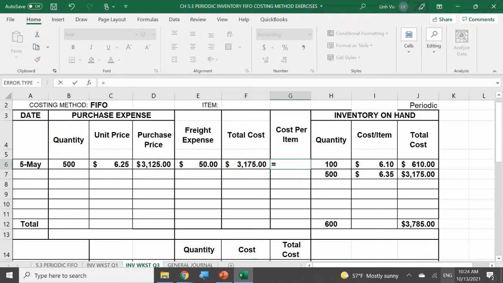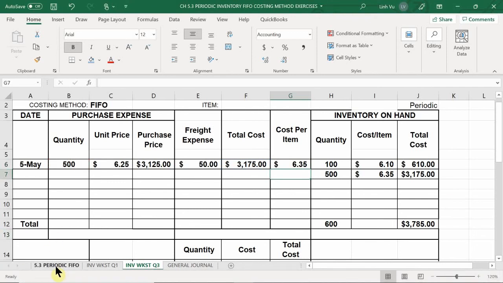Good. And then, what is my cost per item? $6.35.